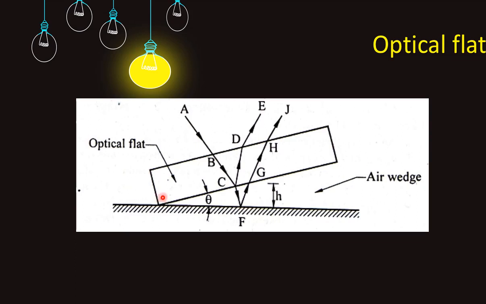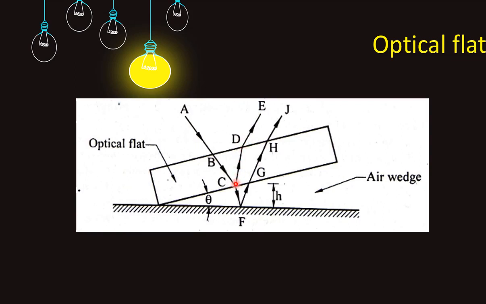Now let us understand this by an example. When a beam AB of monochromatic light falls on the optical flat, it travels further along path BC inside the optical flat. At point C, part of this light is reflected by the bottom of the optical flat and goes along CDE.